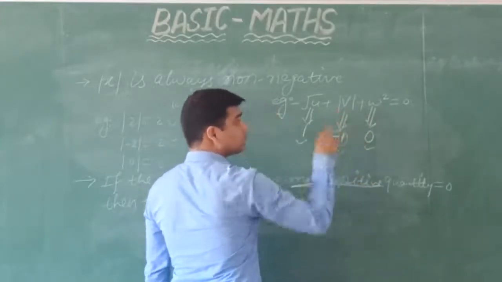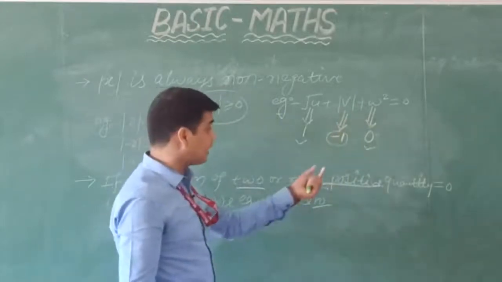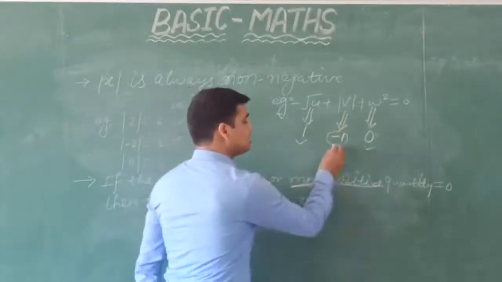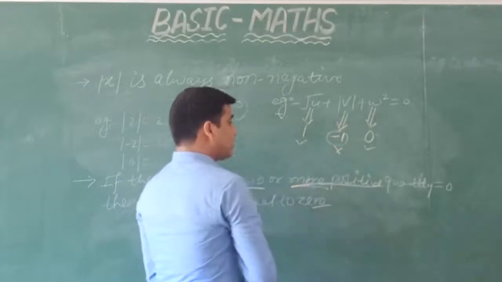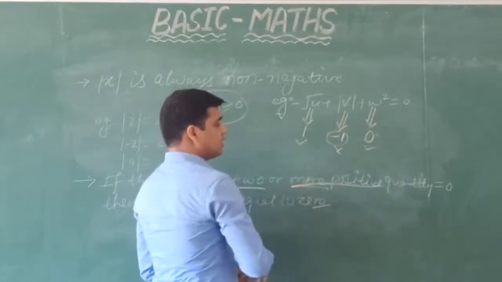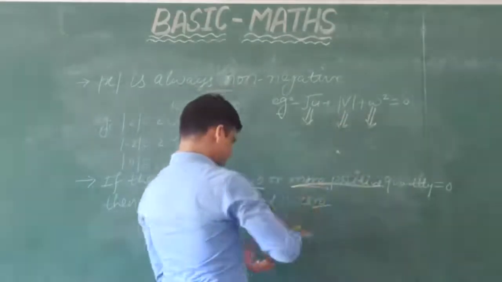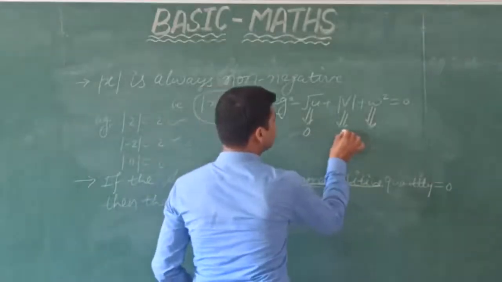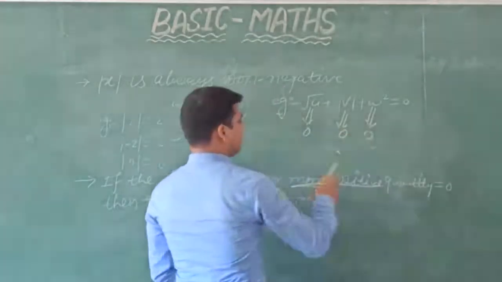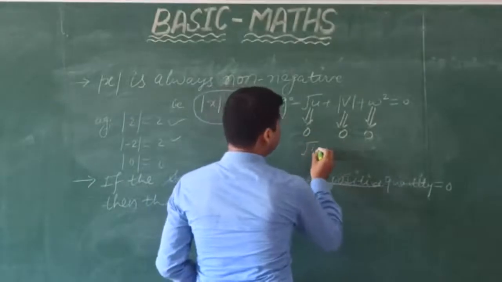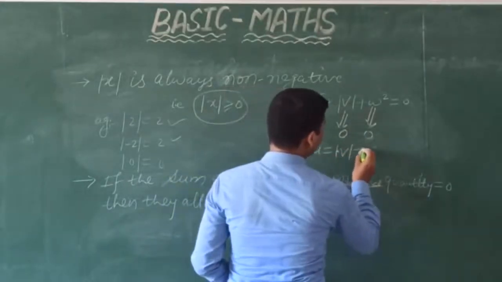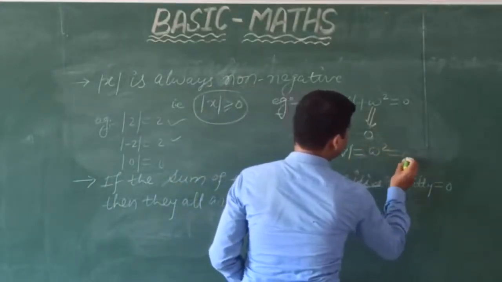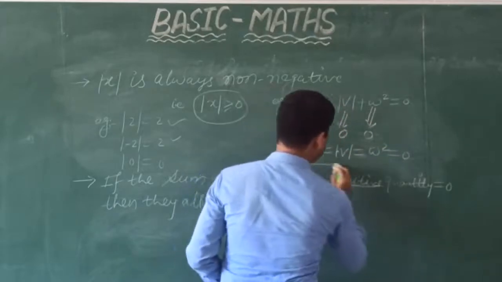This is the modulus of v, and we know that modulus cannot be negative. So this is not possible. That's why only one possibility is there: 0, 0, 0. So you can write directly root under u equals mod of v equals w square equals 0. This is your answer.